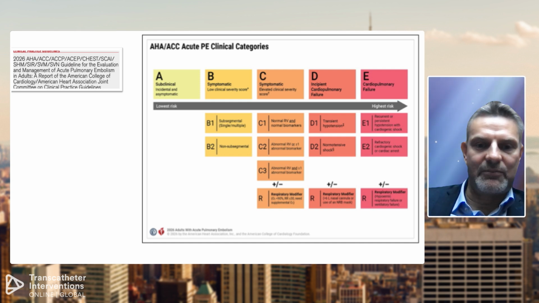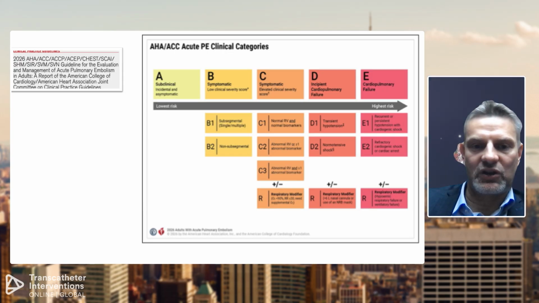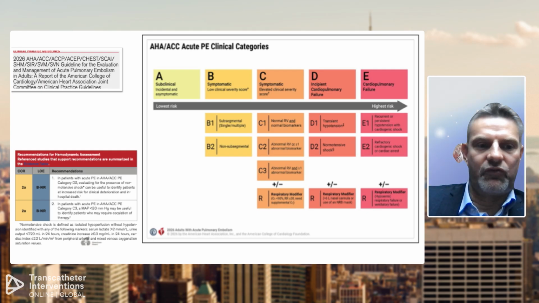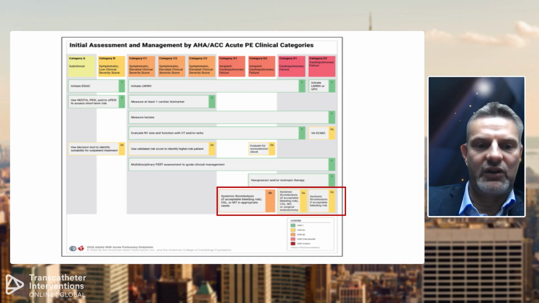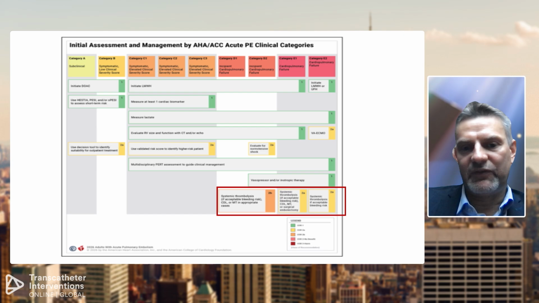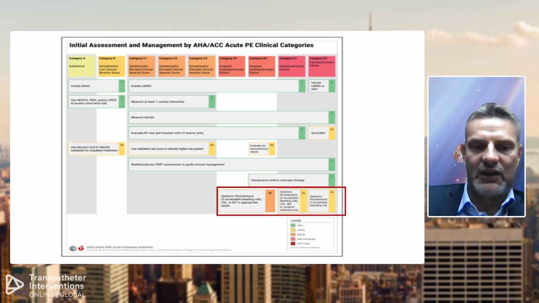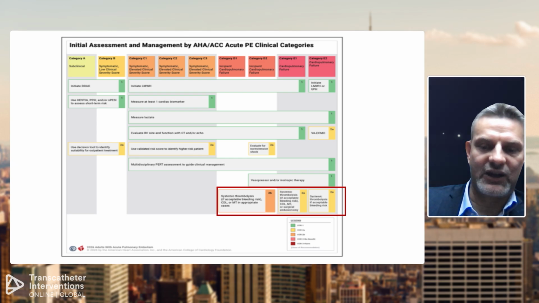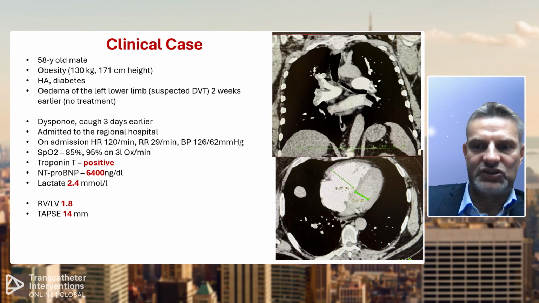For the first time, we have described normotensive shock and transient hypotension as possible targets for our interventions, but with a low level of evidence. Unfortunately, I think that after these new trials, HI-PEITHO, PEERLESS II, and STORM-PE, this will probably change.